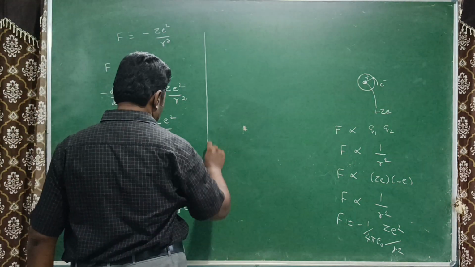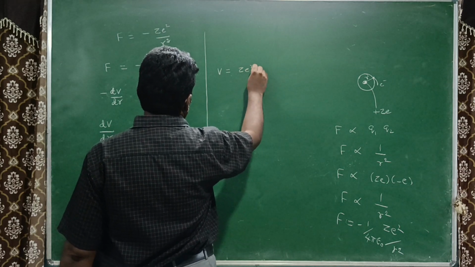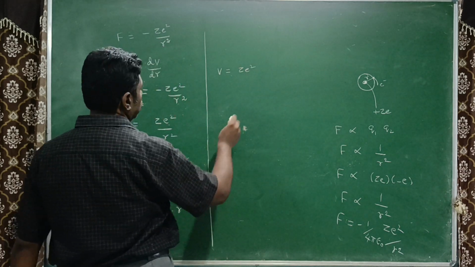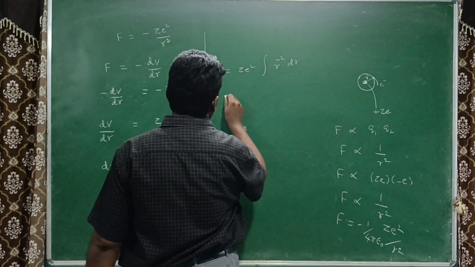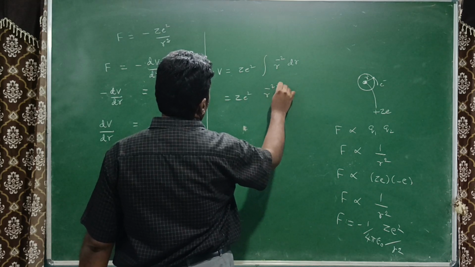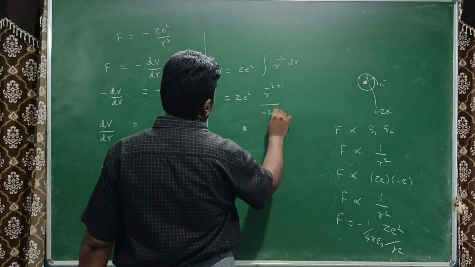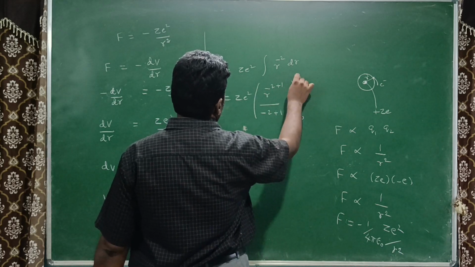Now we have to integrate this. V equals Z e square, integral of r power minus 2 dr, which is Z e square, r power minus 2 plus 1 divided by minus 2 plus 1, limit varying from infinity to r.